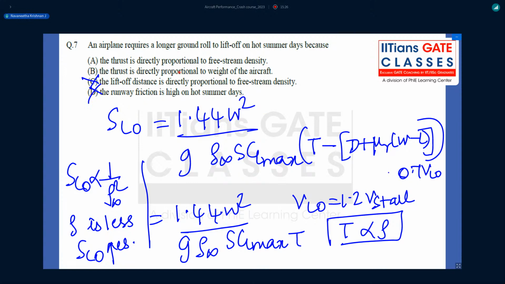Thrust is not directly proportional to weight. This option is also wrong. Thrust is directly proportional to free stream density because thrust is directly proportional to mass flow rate of air entering the engine, and mass is directly proportional to density. Option A is the correct answer.